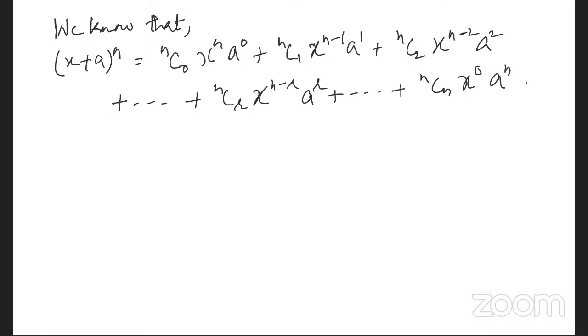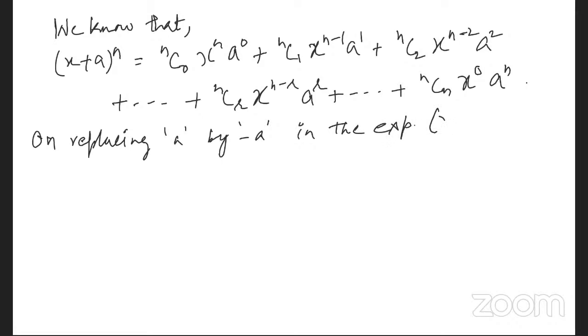Now, on replacing a by minus a in the expansion of x plus a whole power n, we'll see what we get. This is written as x minus a whole power n. We are replacing plus a with minus a.